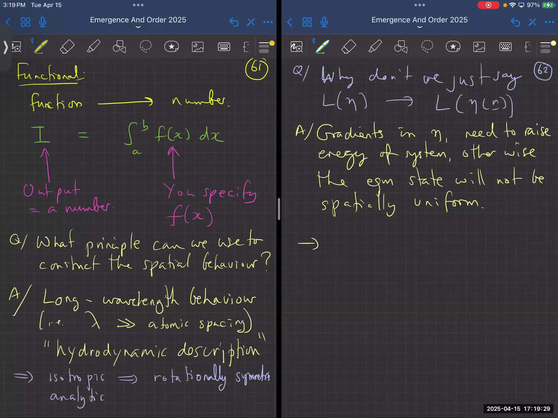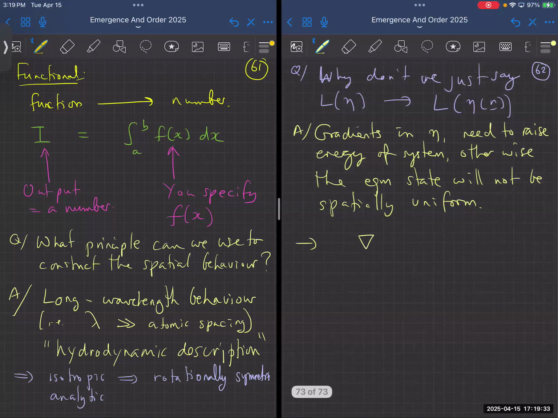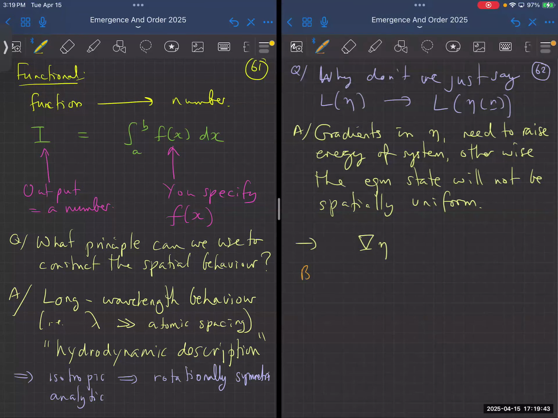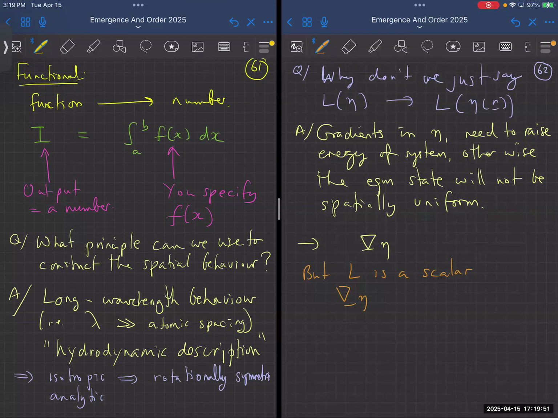So the gradient terms that we could have to be something like grad of eta. So we have to have things like that. It has to depend on the gradient of eta. But the other thing that we need to know is that L is a scalar and grad eta is a vector. So it can't just be a term that is grad eta.